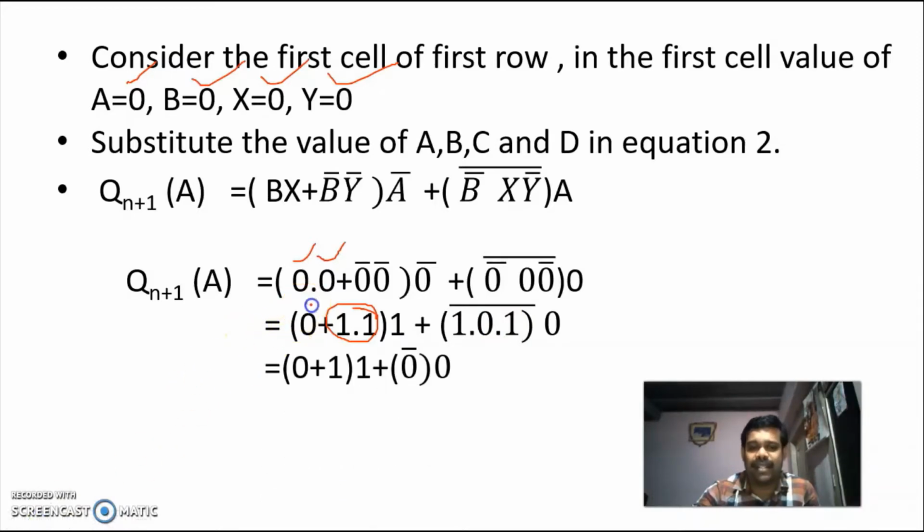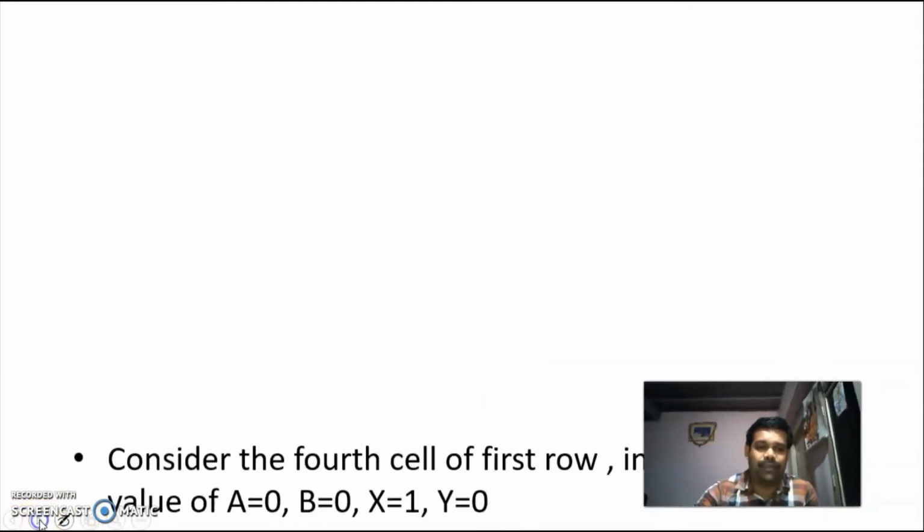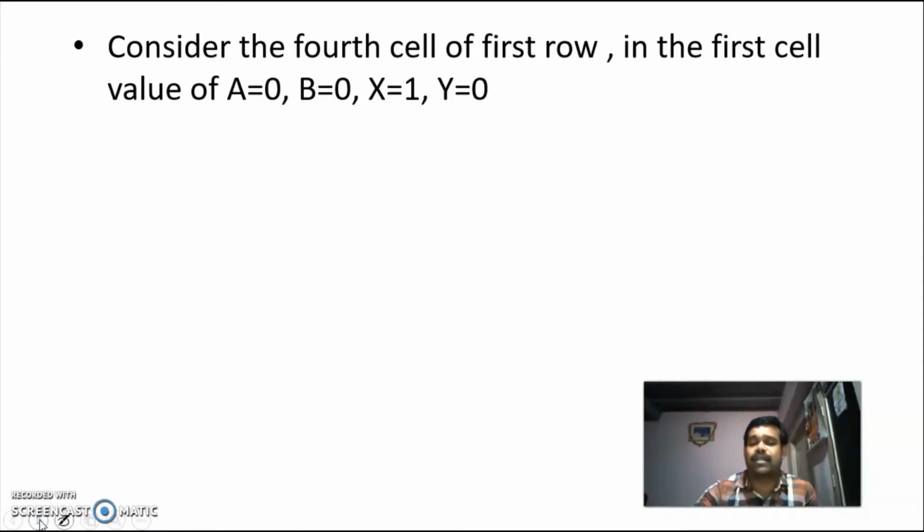So you will be getting 0 plus 1 into 1. And here 1 into 0 into 1 is 0. So 0 bar into 0. Next is 0 plus 1 is 1. Then 1 into 1. Then 1 into 0 is 0. So we'll be getting 1 plus 0. So you'll be getting 1. So you have to put the first value of first cell as 1.